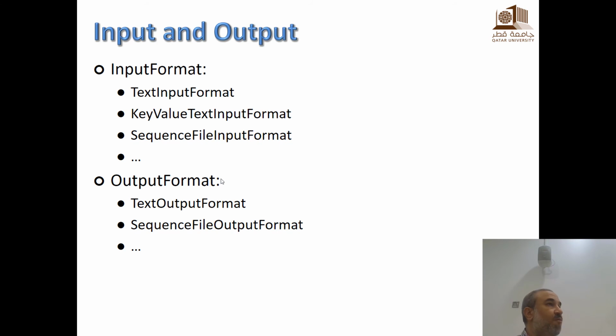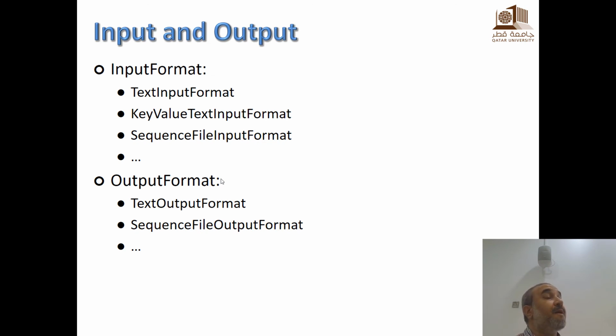Some of them are already implemented for you. Personally, I have never needed to implement any of these. I usually use one of the existing ones. For the data types, I sometimes created my own, but for the input and output formats, I usually use one of these.